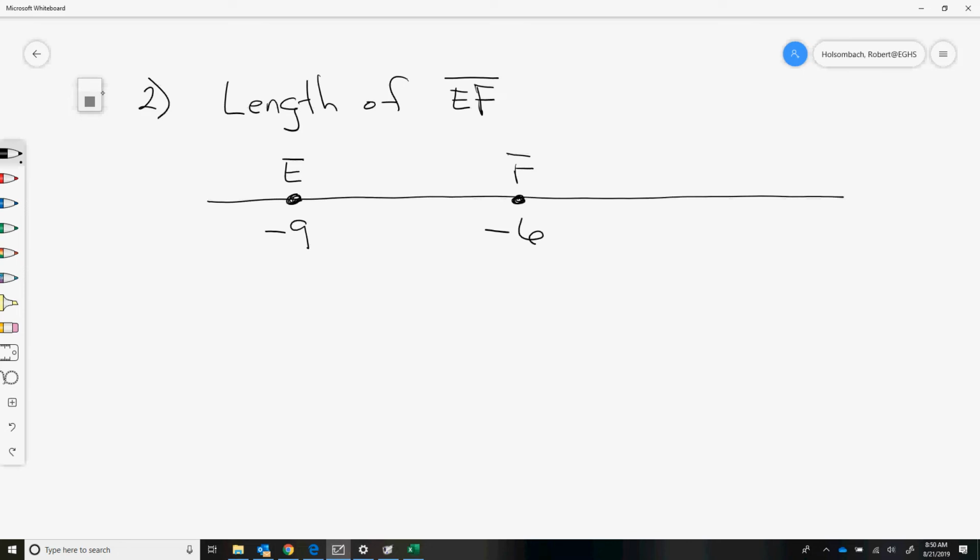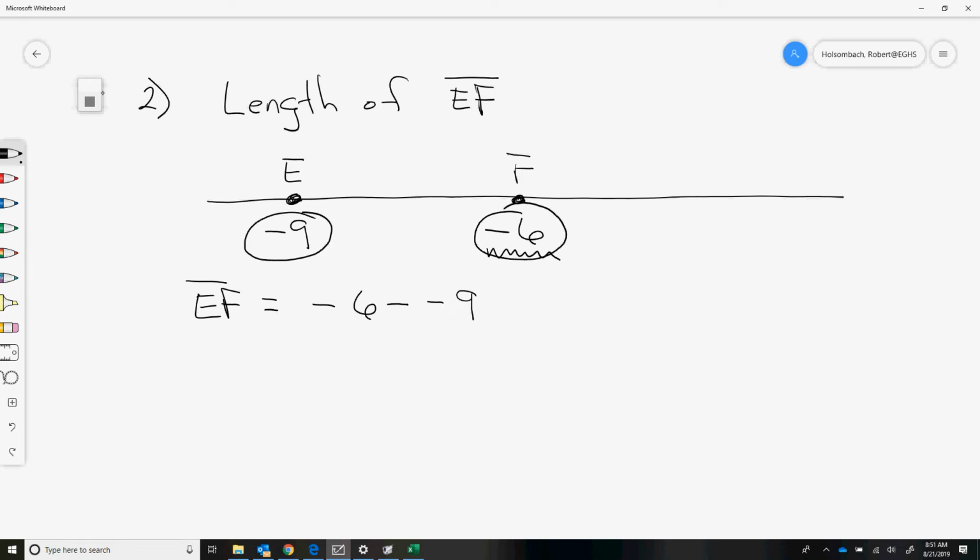All right, so EF, we said yesterday, is going to be equal to the larger number minus the smaller number. When you're dealing in negatives, your larger number is the one furthest to the right on the number line. So you got -6, and you're going to subtract -9. The distance from E to F is the larger value minus the smaller value.